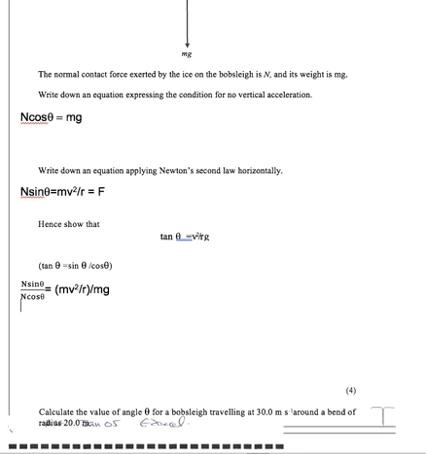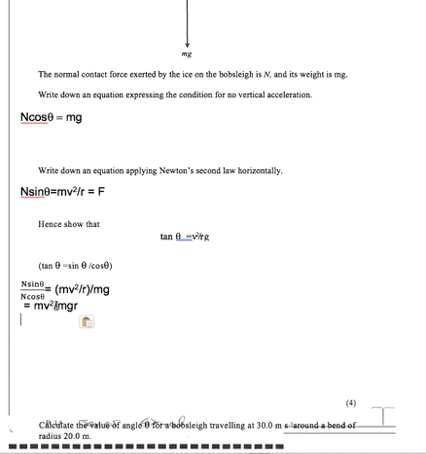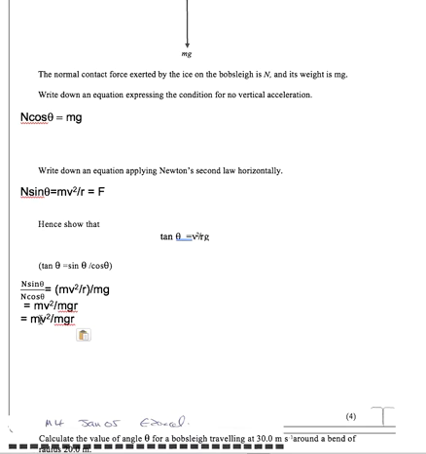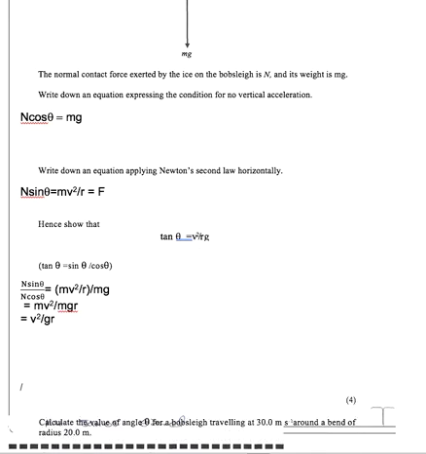Now if I rationalize that expression, I'm going to get mv squared over mgr. And of course, the m's will cancel, which will give us v squared over gr, or v squared over rg. It's the same thing. So we have proven the expression.